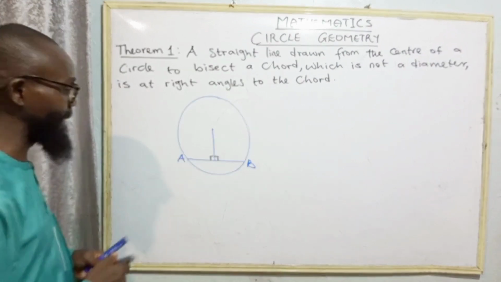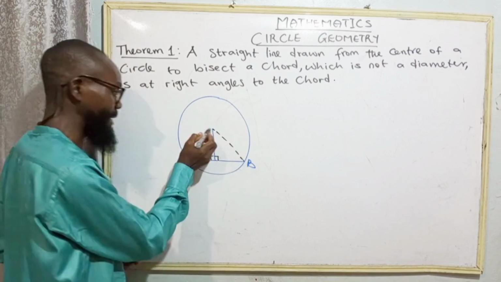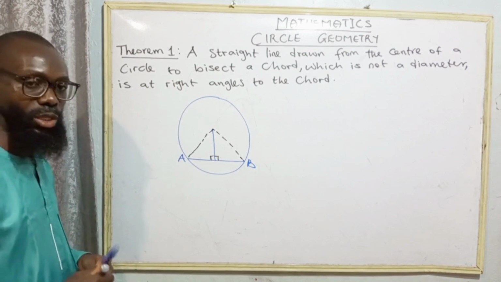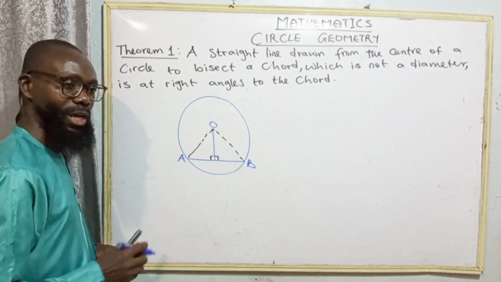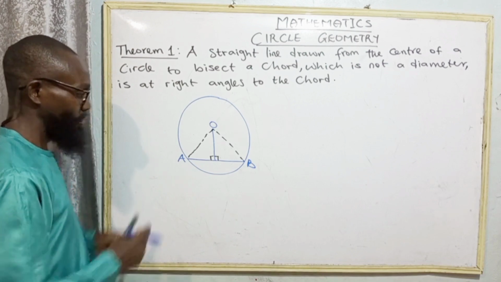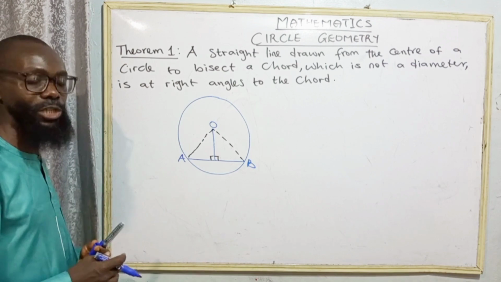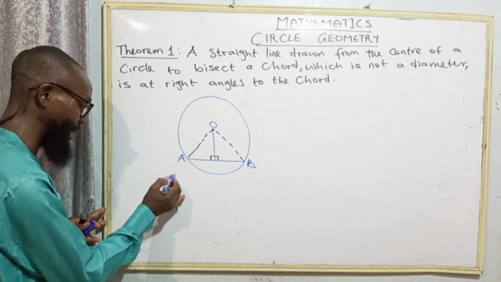Now, if you complete this triangle, you can see that completing it this way, it forms a right angle triangle. So if you call this point O, from here you can work out the radius using Pythagoras theorem and taking any of these triangles that are here.